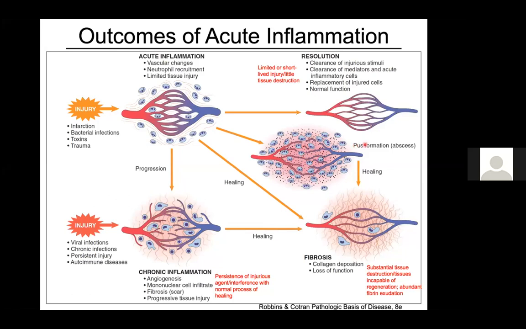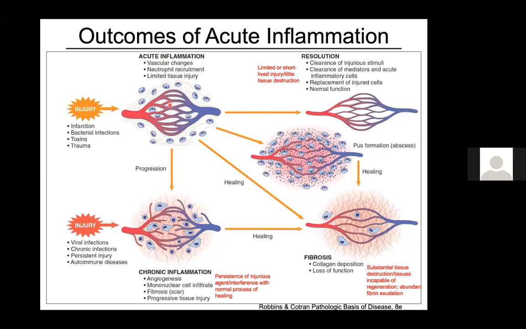That's when you get pus formation, what we call an abscess, okay? But usually once more monocytes are attracted to the site, they'll come and phagocytose all this debris, okay? If it happens within a short time, the tissue can go back to normal. If it's very extensive, then you can get fibrosis occurring. So you get collagen deposition, okay?